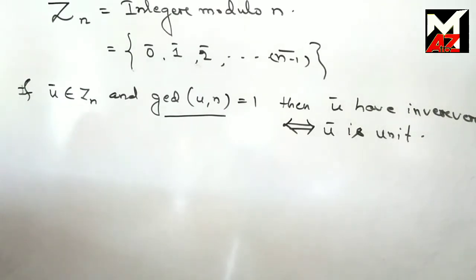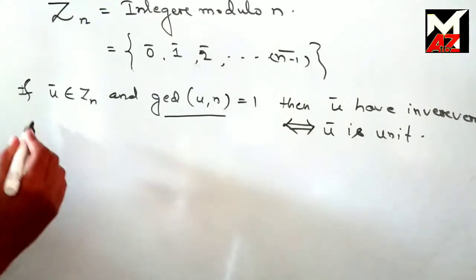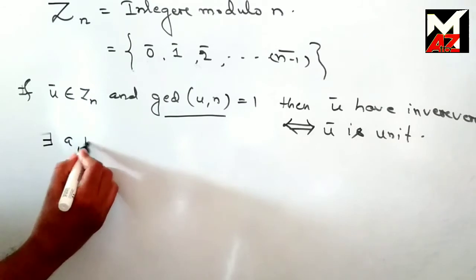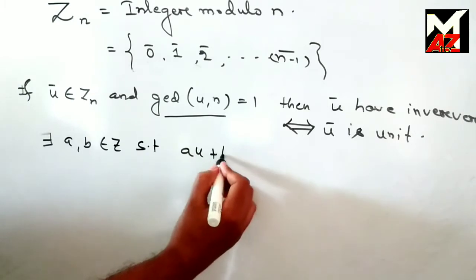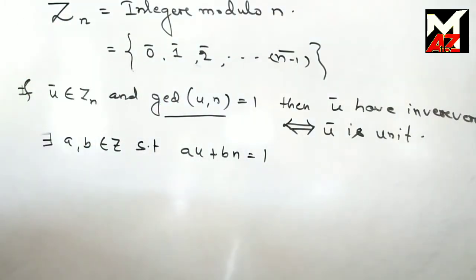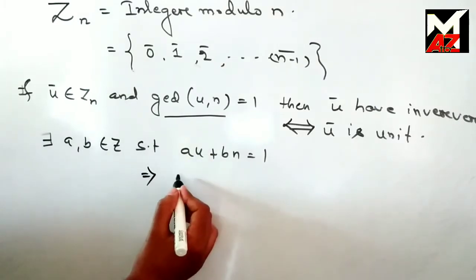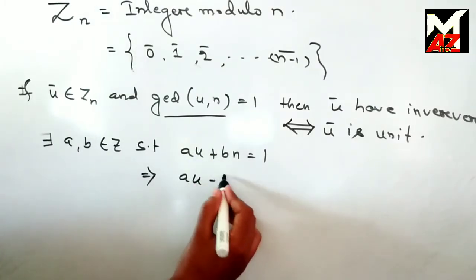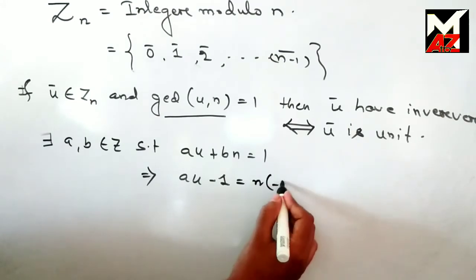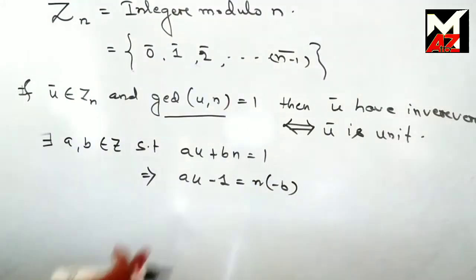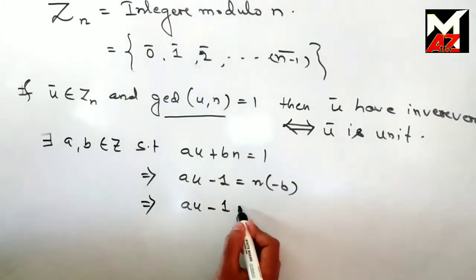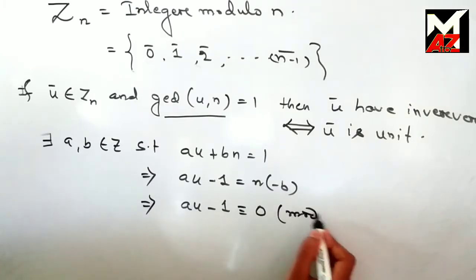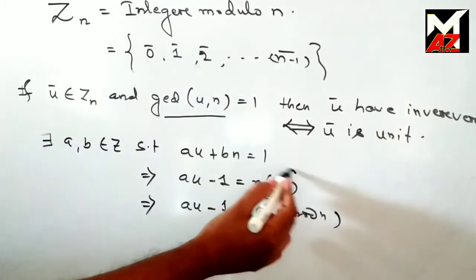So from the theory of number system, we know that there exist two integers a and b belonging to Z such that au plus bn equals 1. And this relation can be written as au minus 1 equals n into minus b, and this relation shows that au minus 1 is congruent to 0 mod n, because this is a multiple of n.